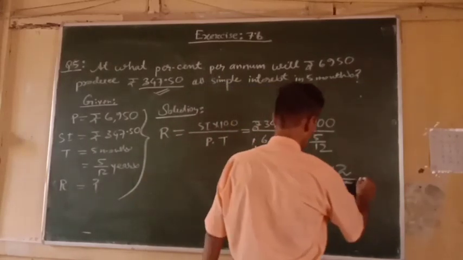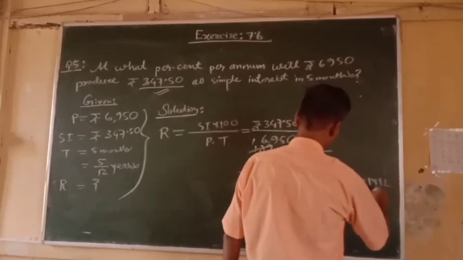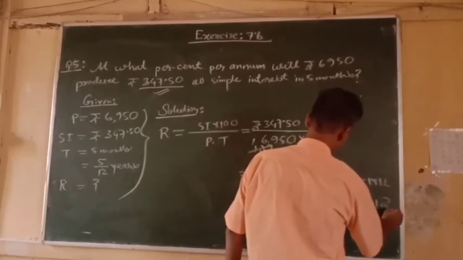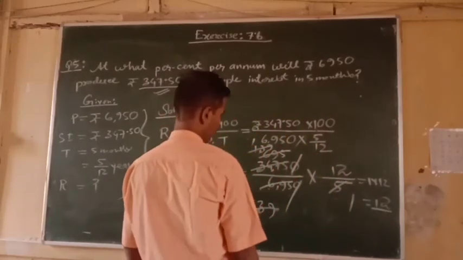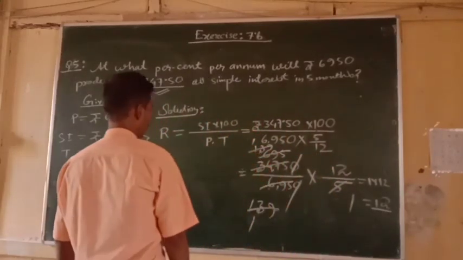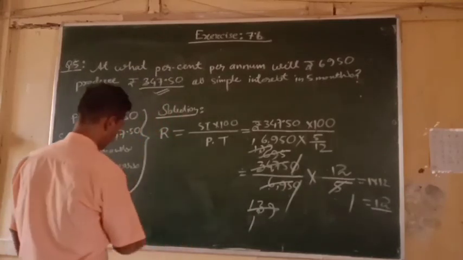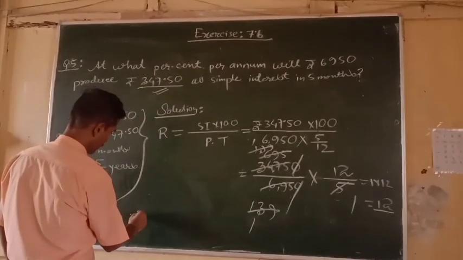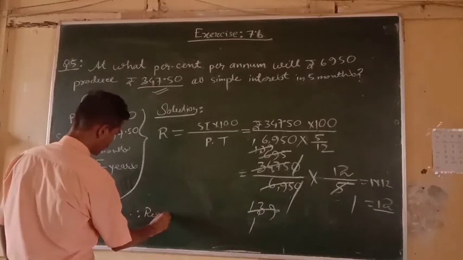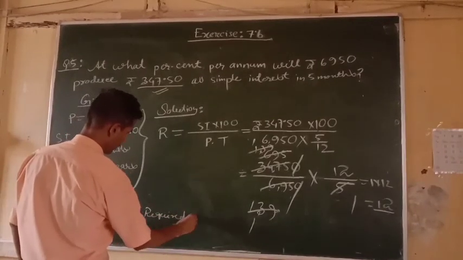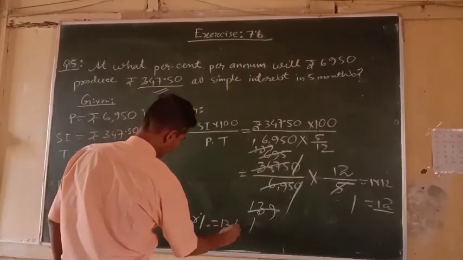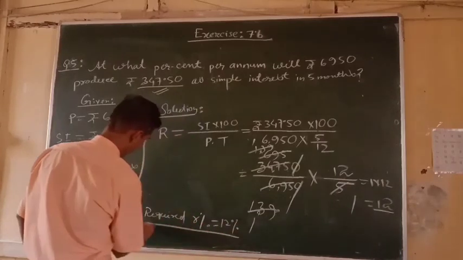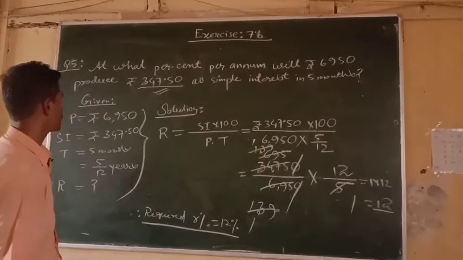So 1 into 12 equals 12, which is our rate of interest. R equals 12. Therefore the required R percent equals 12%. This is the solution for question number 5.